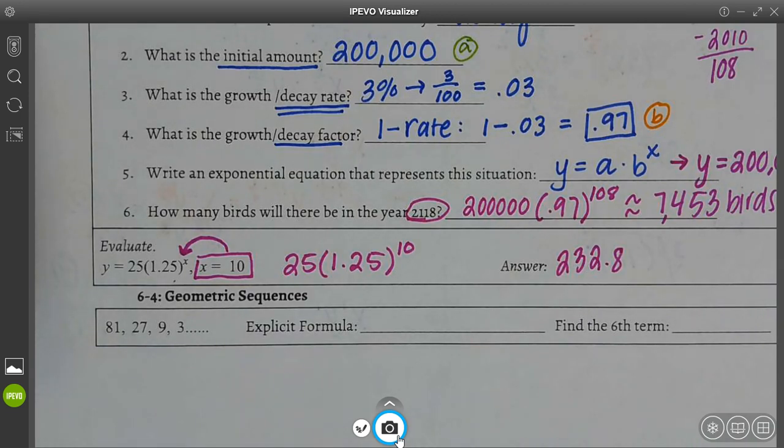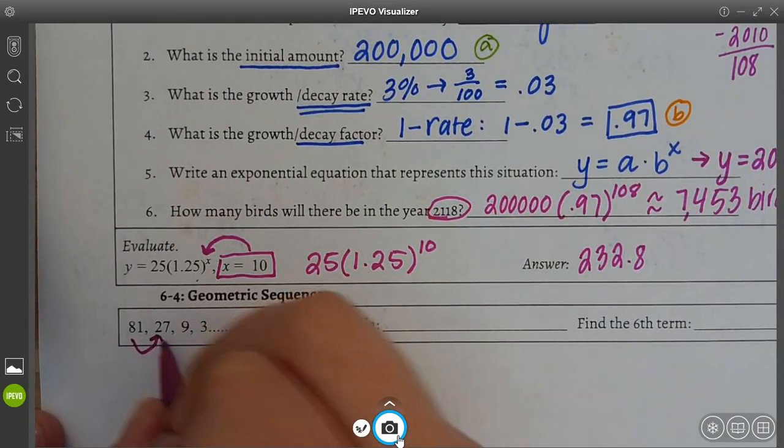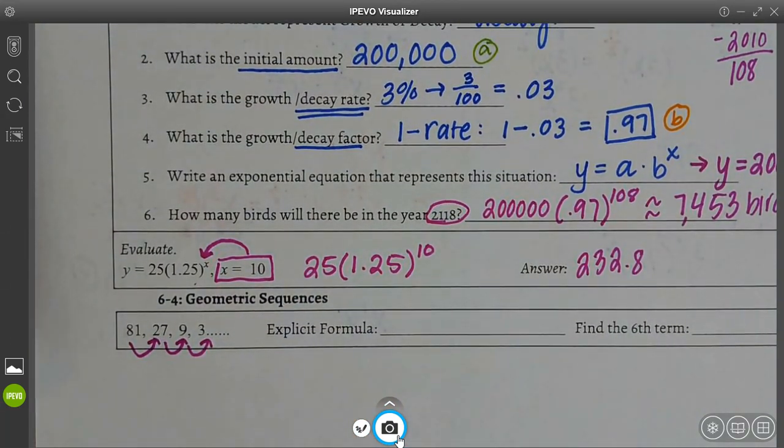And then last but not least, our geometric sequences. Our explicit formula is going to require us to figure out a few things about our problem. First, we need to figure out how my values here are changing. What number am I multiplying by each time to go from one to the next? Well, I know my numbers are decreasing.